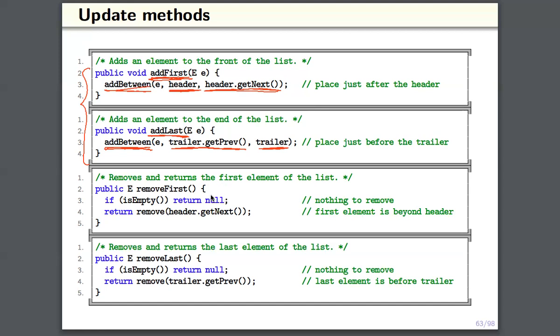Anyway, now let's come back. We had the remove function. Let's see how we can use that remove function in remove first and remove last. Now look at this. Remove first. Remove the node after the header node. Done. Remove last, remove the node previous to the trailer node.